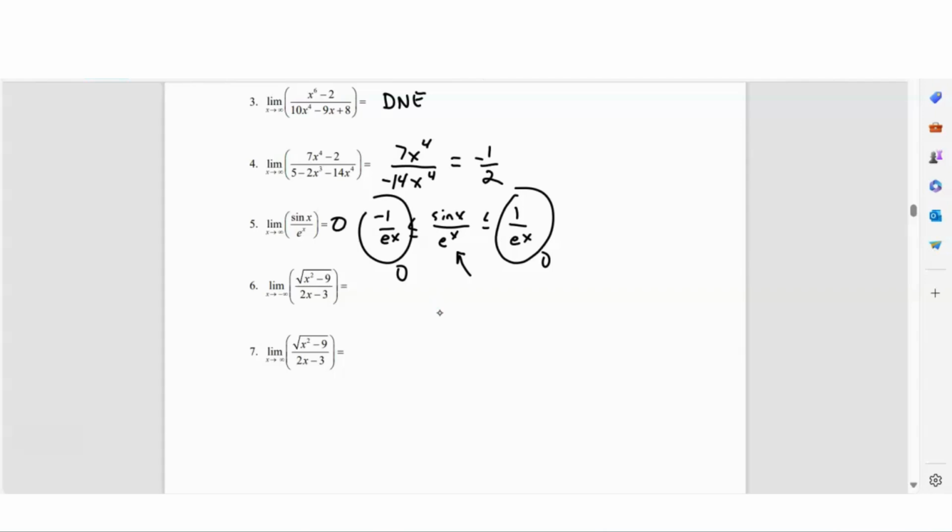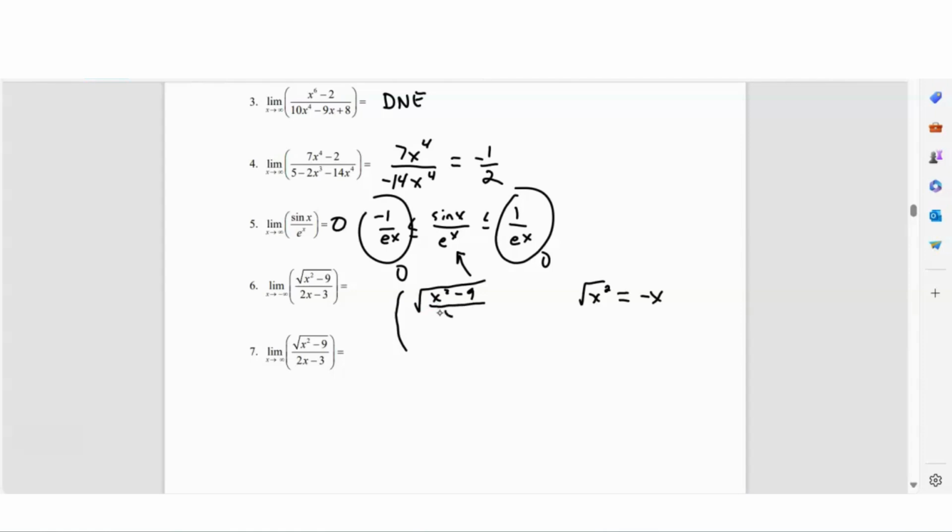For number 6, we're going to use the fact that when we take the square root of x squared, as x is approaching negative infinity, we know that has to equal negative x. So since those are equivalent, what I'm going to do to manipulate this is divide the numerator by the square root of x squared.